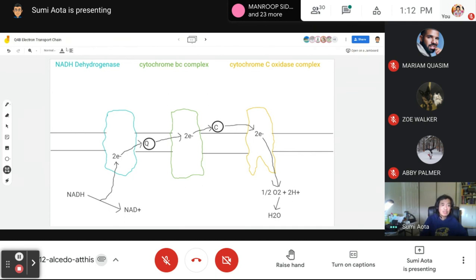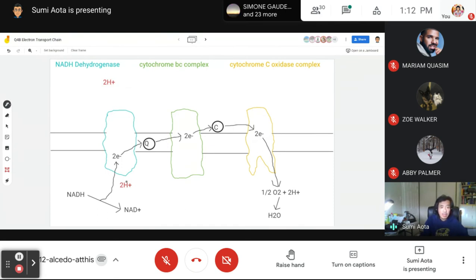As electrons go from NAD to Q, you're going to have two hydrogens get pumped across this membrane. They're going to come out on this side. Okay?